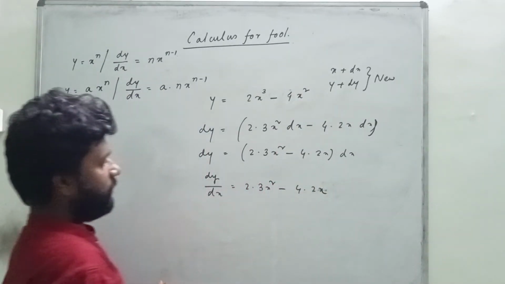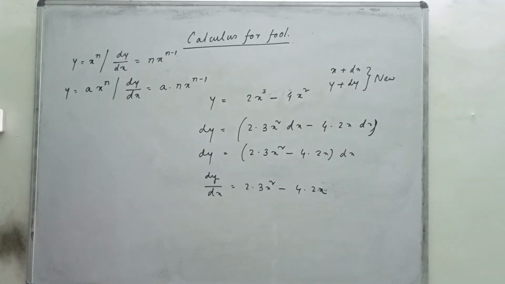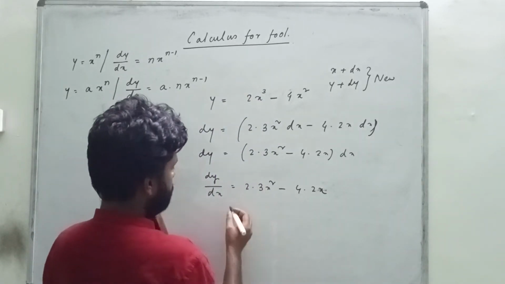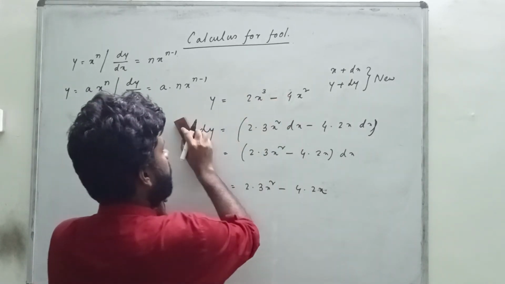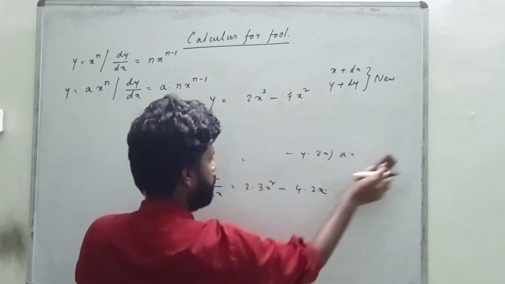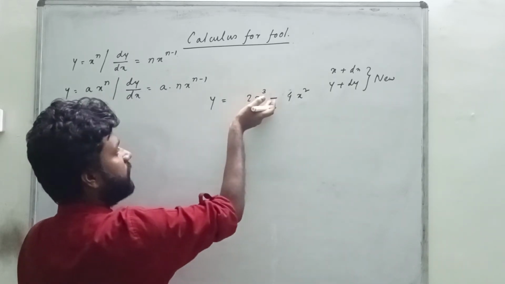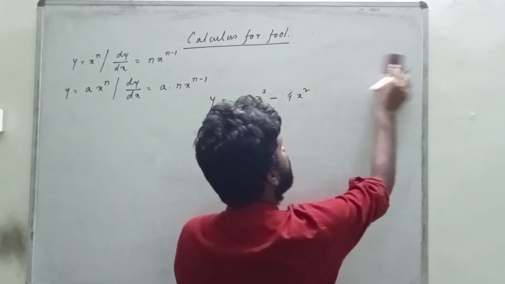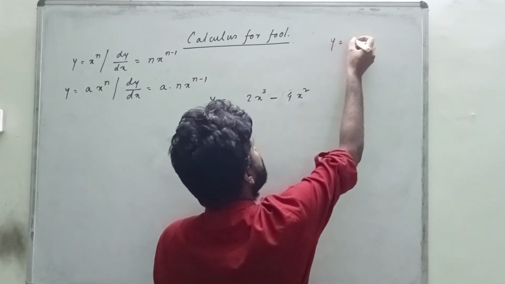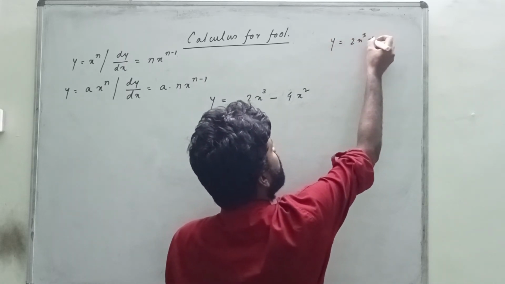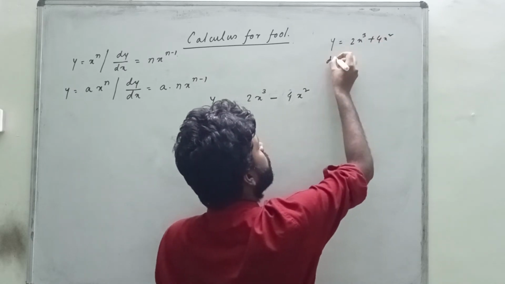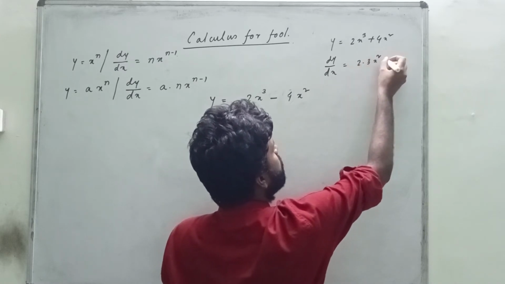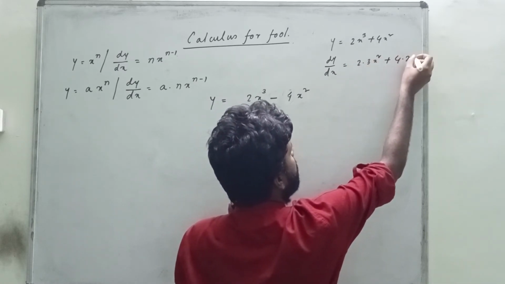Okay. So now we can conclude, right? The special thing, if it is plus or minus sign here, because if there is a plus sign, I actually got, if y equals 2x cube plus 4x squared, I got dy over dx is 2 into 3x squared plus 4 into 2x, right?